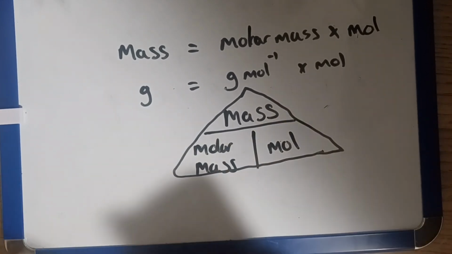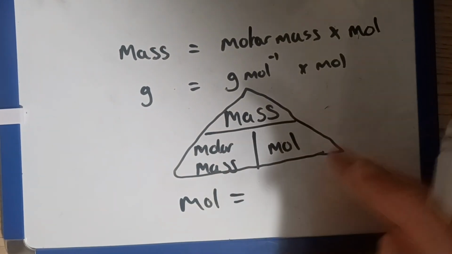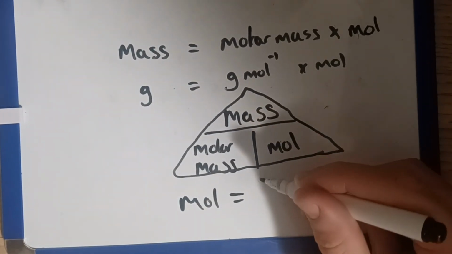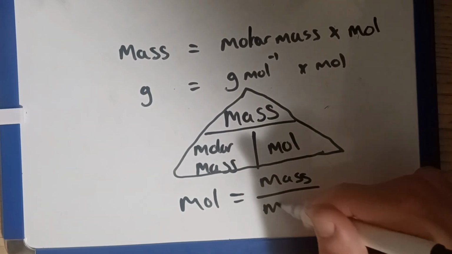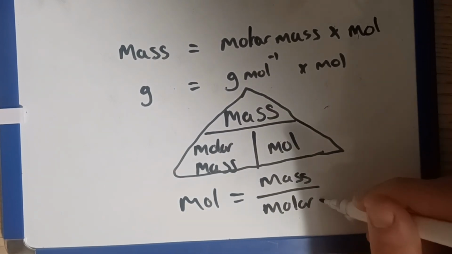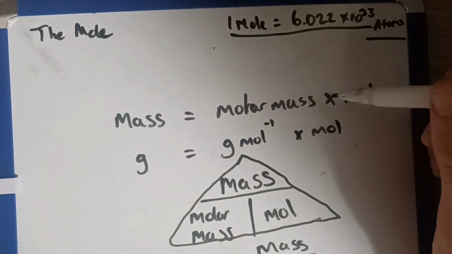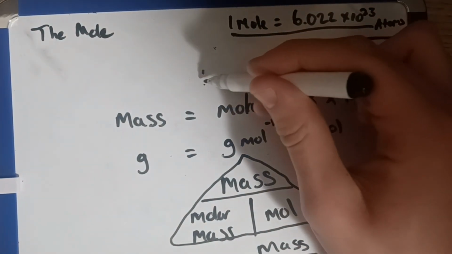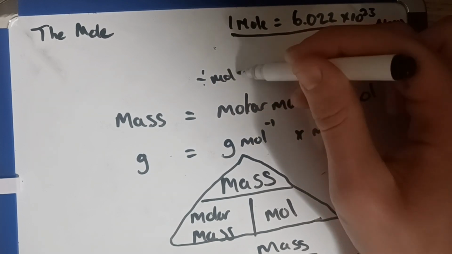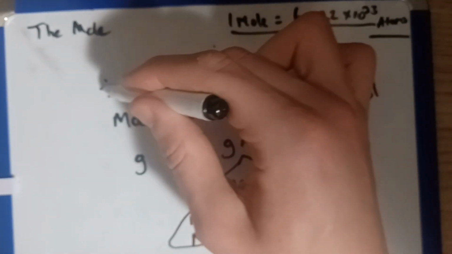and write that down. Obviously, we're looking for the mole. So by covering up the mole, we then have mass on top divided by our molar mass. And we get the same by rearranging the top equation. So divide by molar mass on each side.